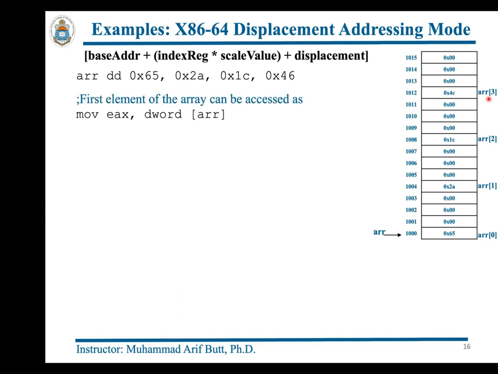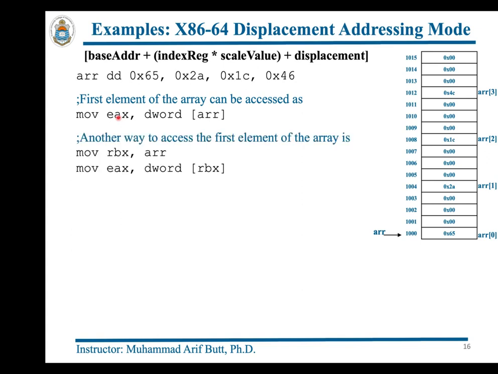Well, the simplest way to access the first element of the array is shown over here, that uses the base address of the array. We have just used the base address of the array, and the contents of that location will be placed in EAX. So the contents of ARR sub 0, this 65, rather this 00000065, will be placed inside the EAX register.